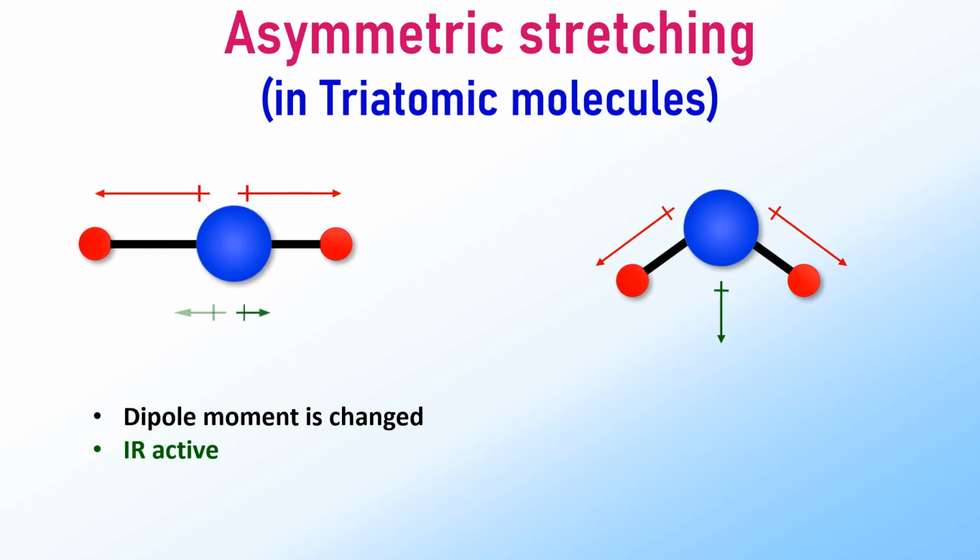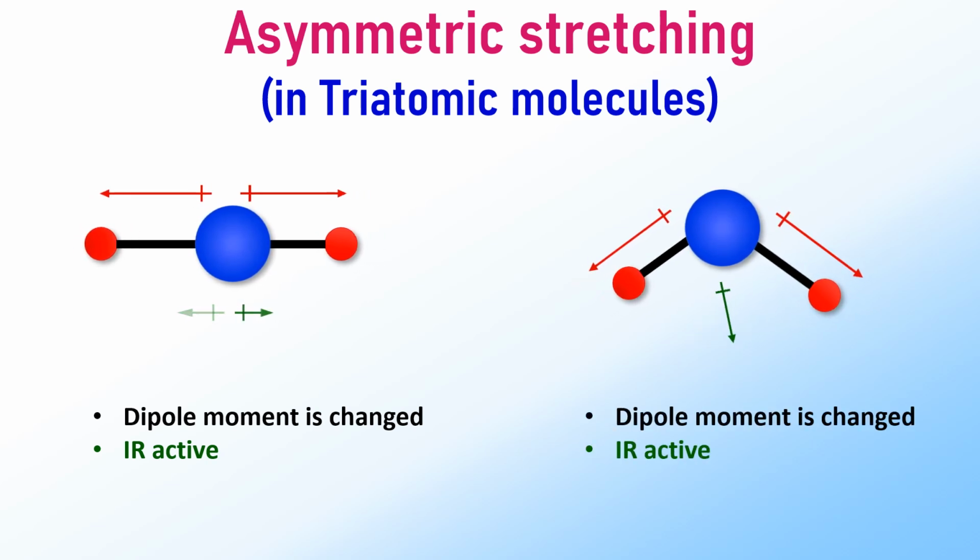This explanation is also valid and holds true for both linear and non-linear molecules. In case of non-linear molecules also, the dipole moment is changed, hence it is also infrared active.